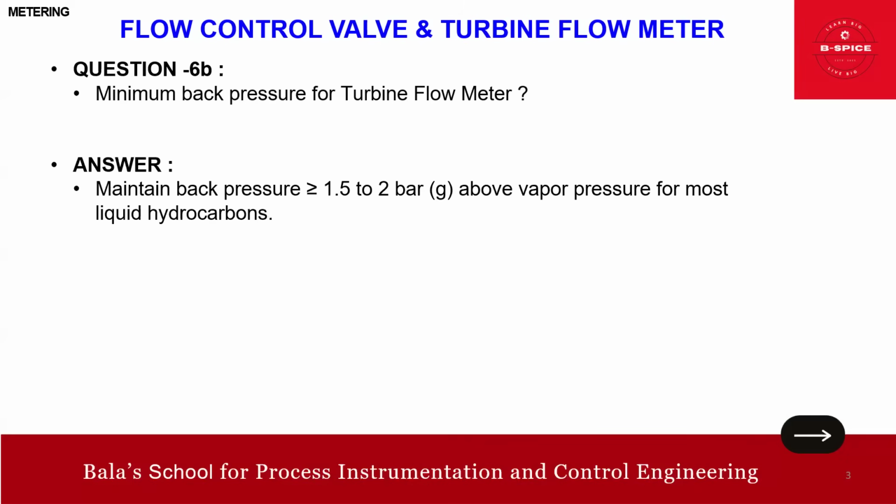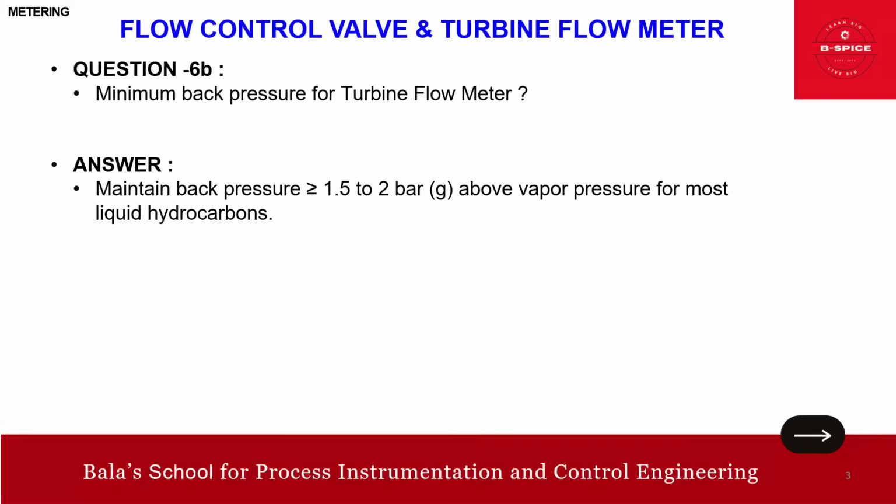It is P back greater than or equal to 2 multiplied by delta P plus 1.25 multiplied by P vapor, and P back greater than 2 multiplied by delta P plus 1.5 multiplied by P vapor.